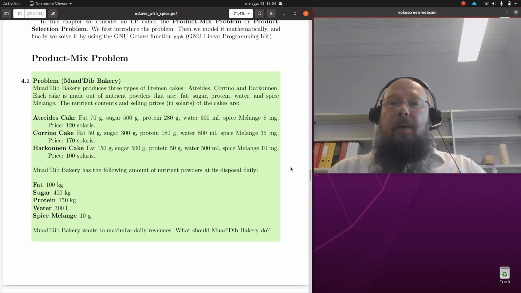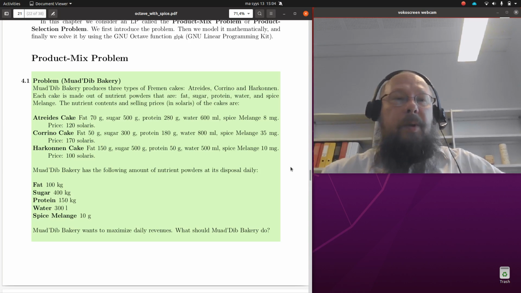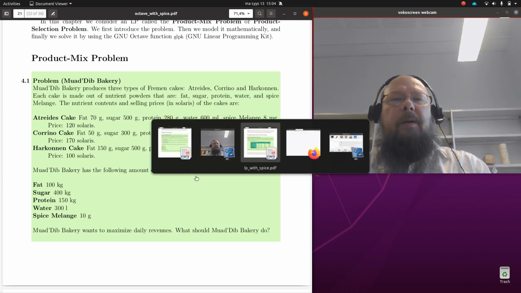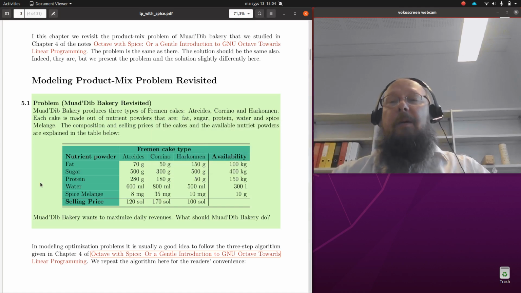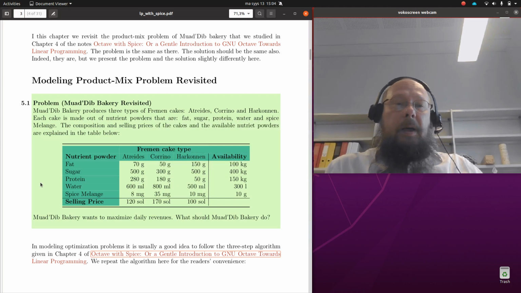Of course, your sense of beauty may differ, but at least for me, if I see a problem like that, and then there is a list here, and then there are numbers here and there, it will just annoy me to collect and see what happens where. But if I'm given the same thing in this tabular form, I will immediately see what's going on, and I already get a pretty good idea about the solution, not the solution itself.